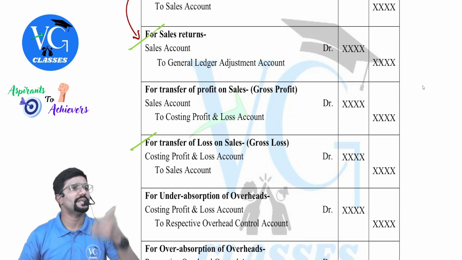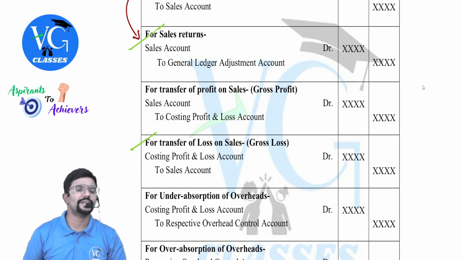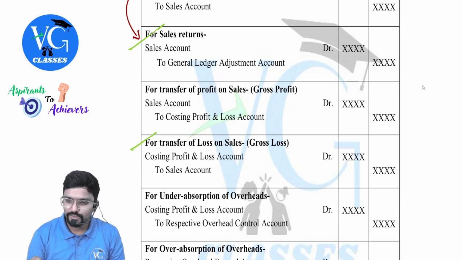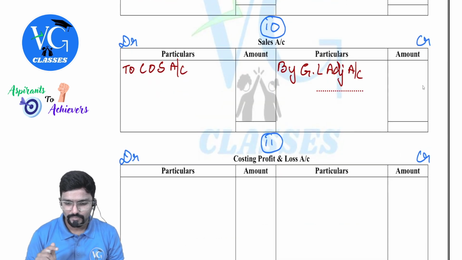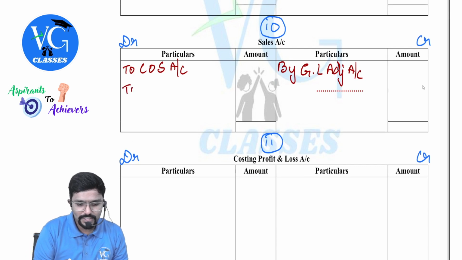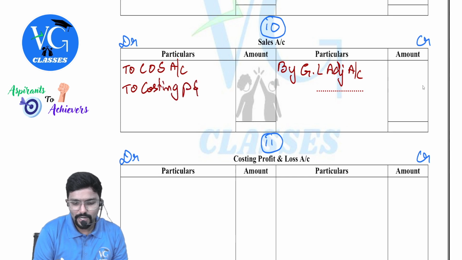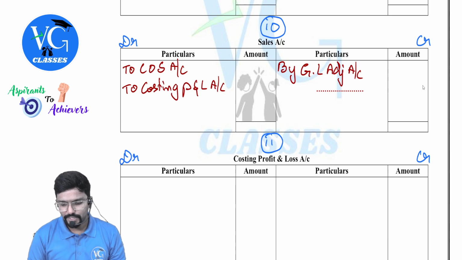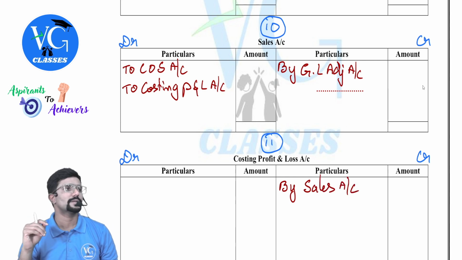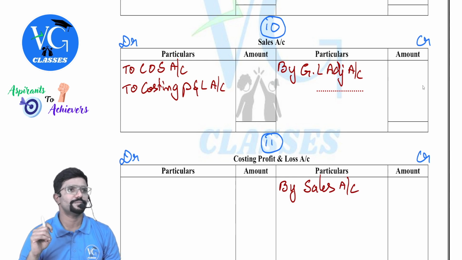How will I close it? By debiting. What is the entry? Sales to costing profit and loss account. Here you take by sales account.